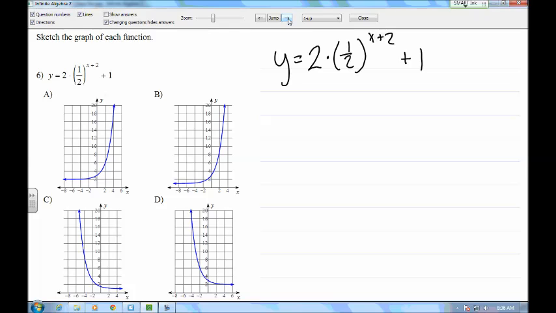You can graph on the calculator and just take a peek and see which one matches. Or you can use your knowledge of growth and decay and the horizontal shifts and vertical shifts.